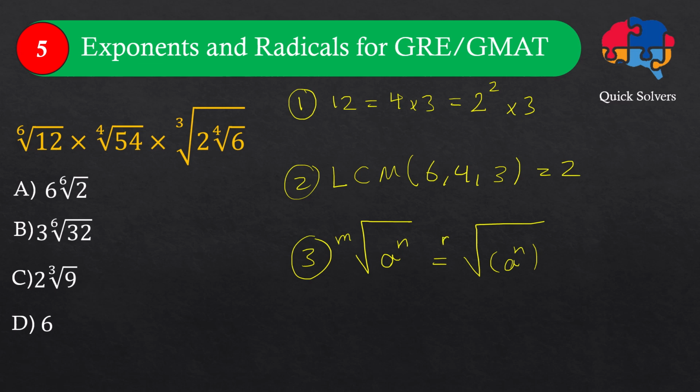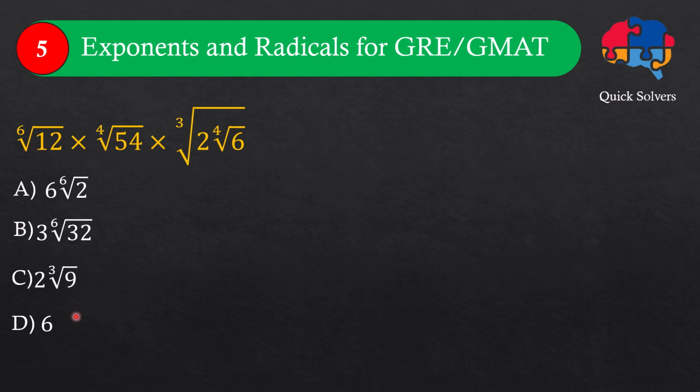Here we have m times x, and here we have x. So that means if we multiply the index by x, then we need to raise the whole expression here to the power of x. Okay, so by applying these 3 rules and these 3 steps, we can simplify this. So let's see how we can do that.